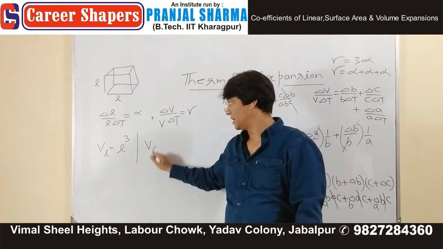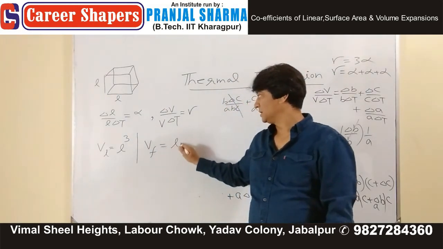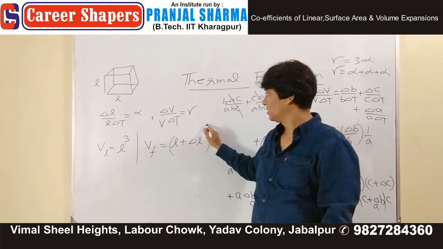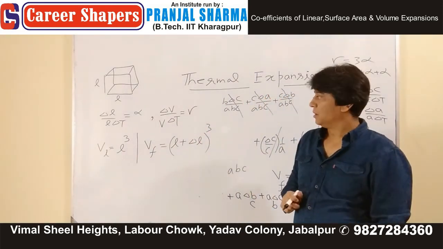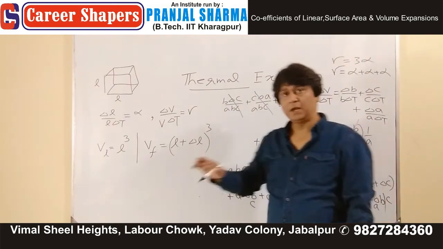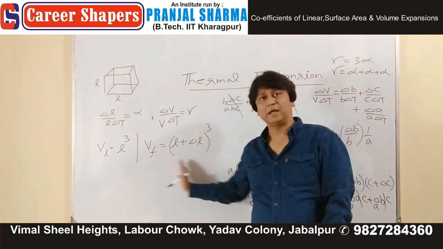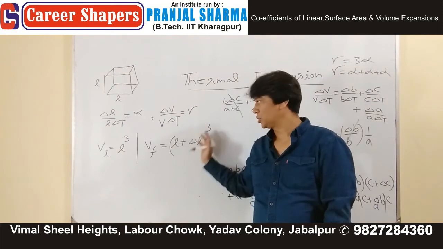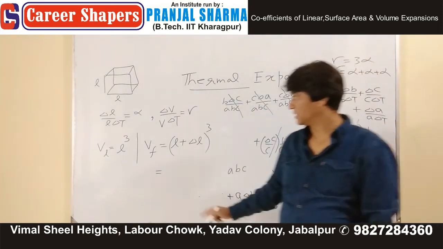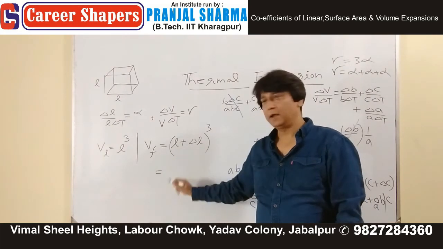What is V final? V final is L plus delta L cube. Increase the temperature, increase the length, and then take the cube. Now we can easily take cube of this using this technique. Take L out.